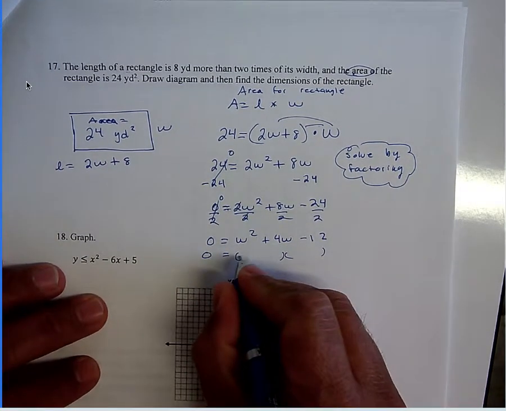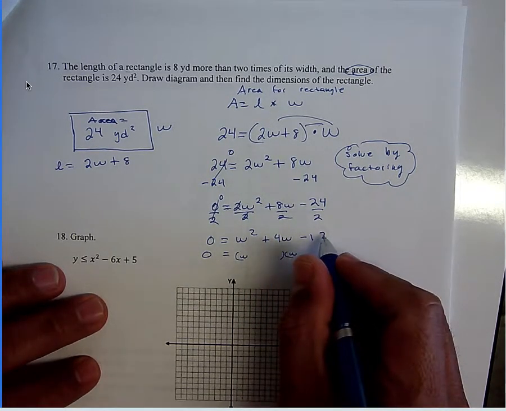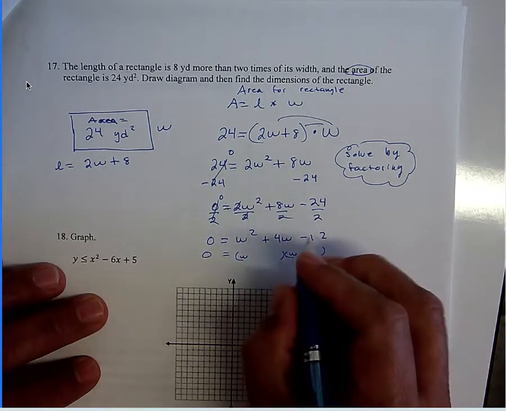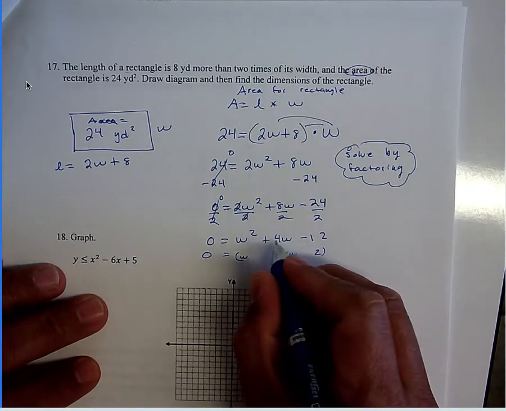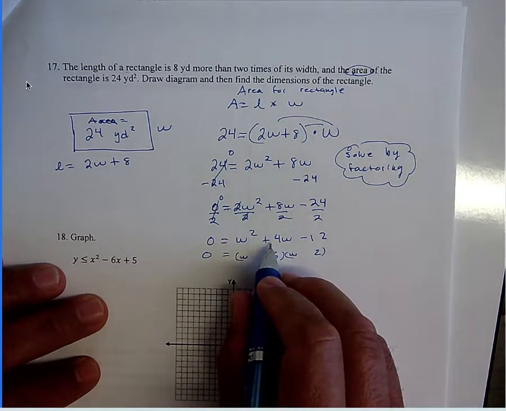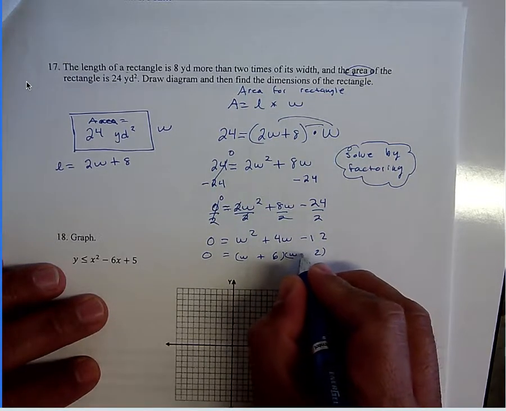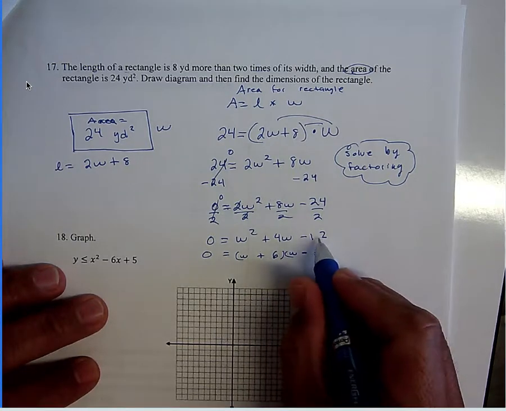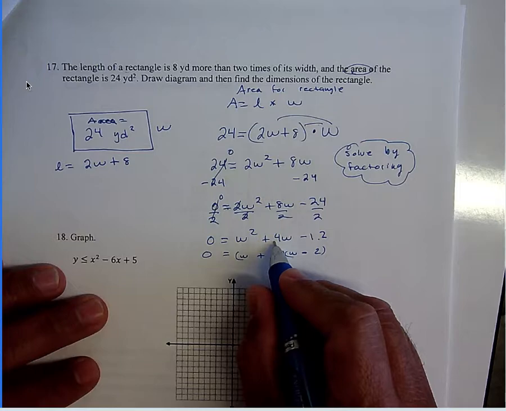So we're using W for width. So two numbers multiply to negative 12 and add to 4. That would be 6 and 2. The number in the middle would be positive, so that means the bigger number is positive, and that one has to be negative because we want a negative here. 6 times negative 2 gives a negative 12. 6 plus negative 2 gives a positive 4.